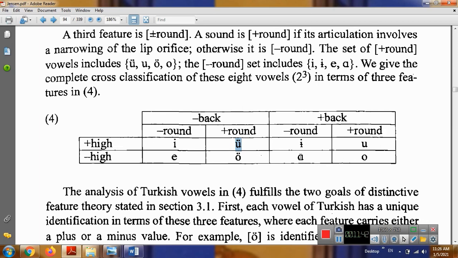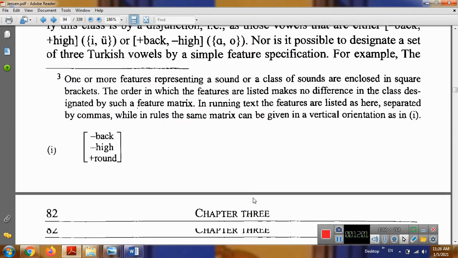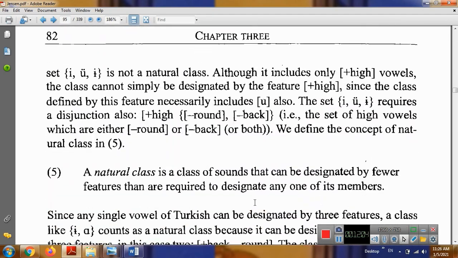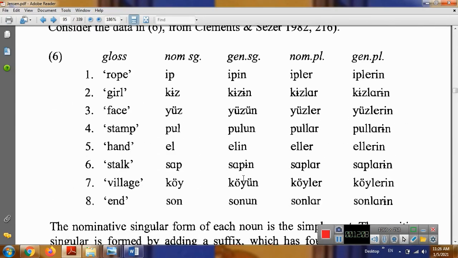And when we had a in the root vowel, we choose e because both of them are minus round, plus back. And when we had u, we choose u, because both of them were plus round and plus back. That was the reason why we choose such a vowel.